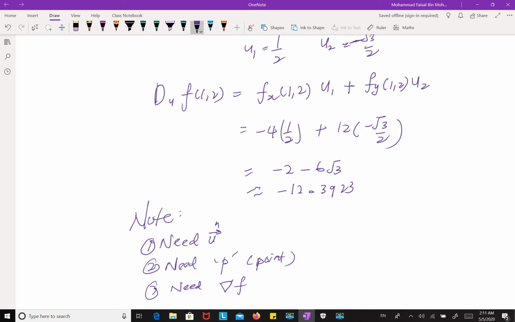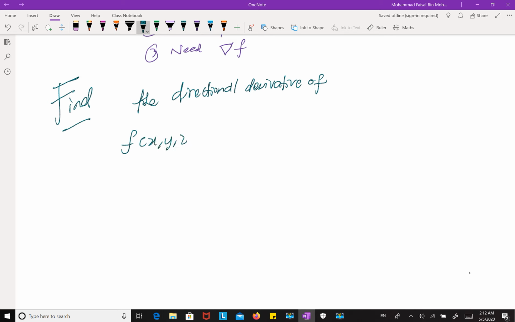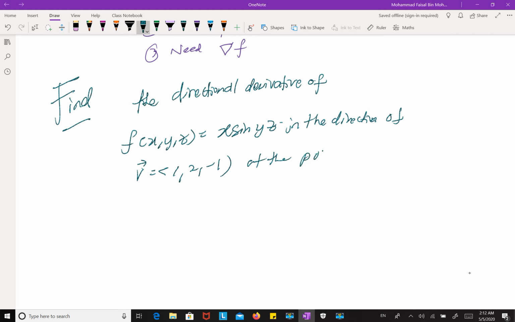Find the directional derivative of f(x,y,z) equals x sine yz in the direction of v, they give a vector, not a unit vector, (1,2,-1), at the point P(1,3,0).